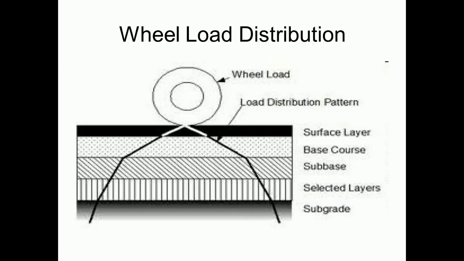So this is another view of how the wheel load distribution takes place. The wheel load is transferred in the form of a truncated cone, with an angle of load dispersion of 45 degrees with the base. It means the magnitude of the wheel load stresses will be maximum at the top, and will go on reducing as the depth of the pavement increases. That means in the surface layer stresses will be more, in the subbase less, and further less on the subgrade.